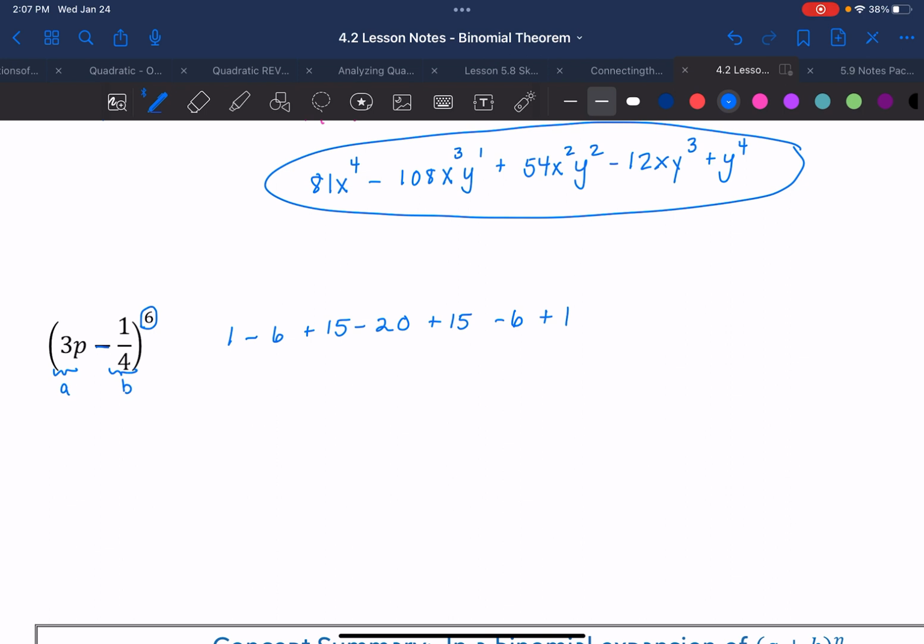In the expansion, I'll have 1 times A to its highest power minus 6 times A gets smaller by 1 and B begins to grow. So it starts with 1. All along, the degrees are always adding up to a sum of 6.